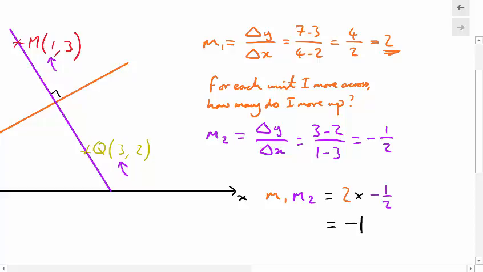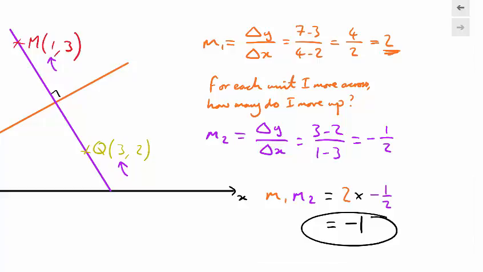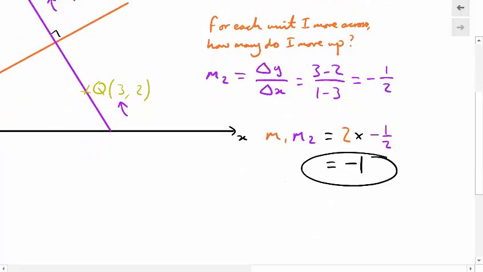And this is true for any two lines that are perpendicular to each other. The two gradients, when they multiply together, should come out as minus 1. Another way we can write that is, I've got m1 times m2 up here; if I just rearrange that, I can say that m1 is equal to negative 1 divided by m2.